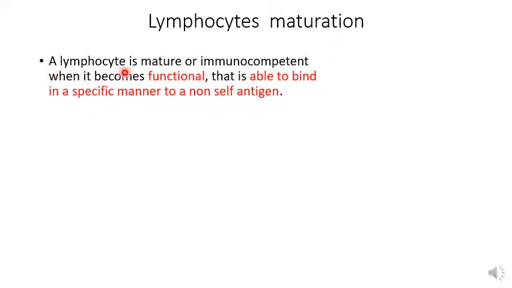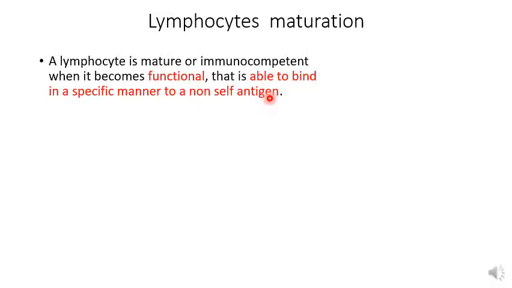A lymphocyte is mature, or we can say it is immunocompetent, when it becomes functional. So, what do we mean with functional lymphocyte? A functional lymphocyte is a lymphocyte that is able to bind in a specific manner to a non-self antigen.